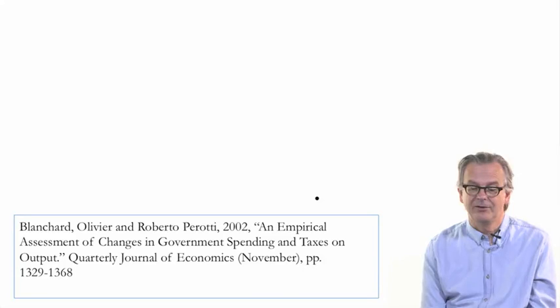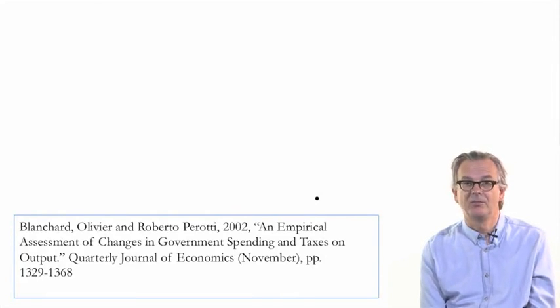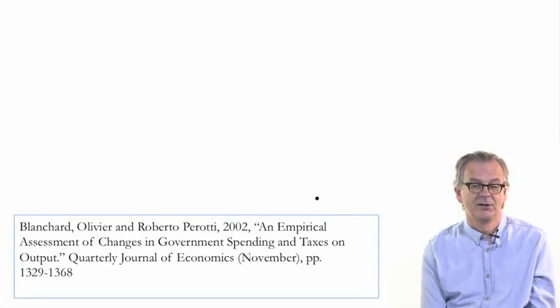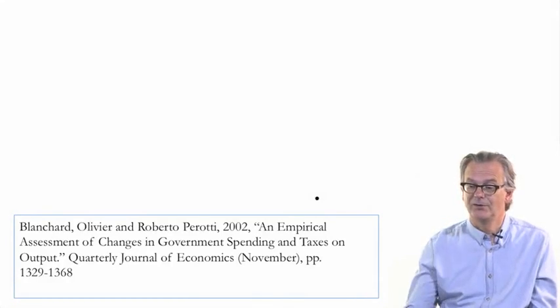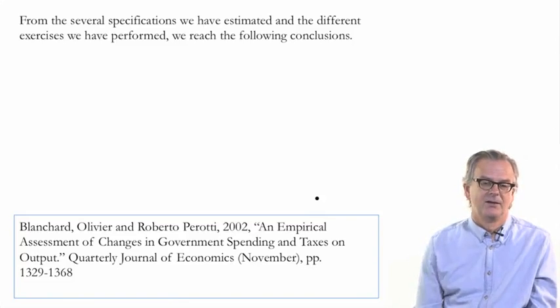If you do look at that paper, and it's not a required part of this course, it's a complex piece of advanced macroeconomic research, you'll very quickly come to appreciate some of the practical difficulties in answering this question. But I do want to make you aware of their conclusions.